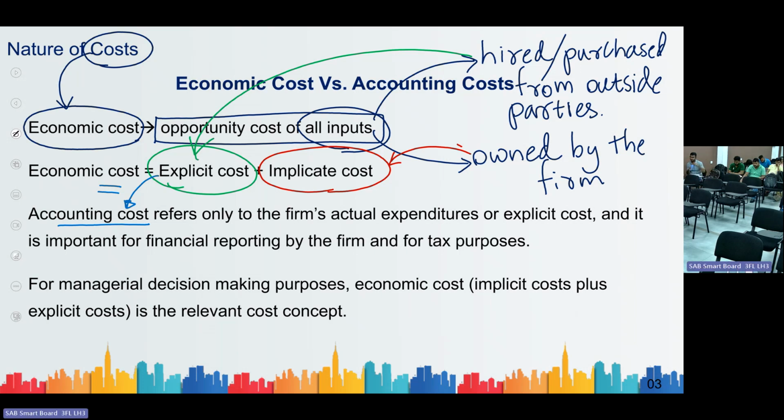Yes, of course, the firms have already paid for them when they were purchased. For example, in this year, the firm owns a machine and uses this machine in the production process in the current year, let's say 2024.